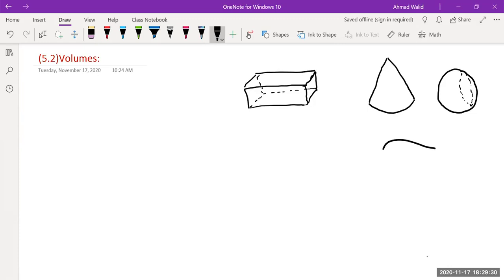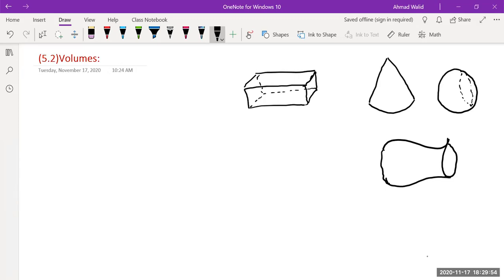But if I give you a shape like this, I'm trying to draw it nicely for you, then it's really difficult based on geometry to find the value of such a shape, correct?